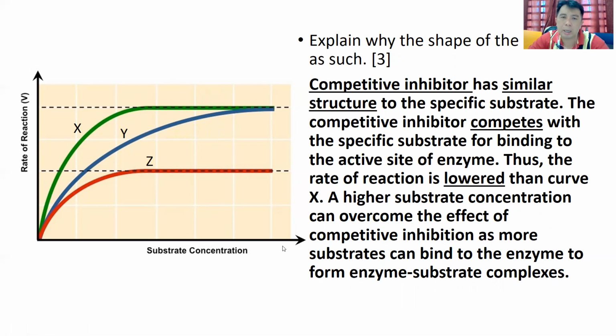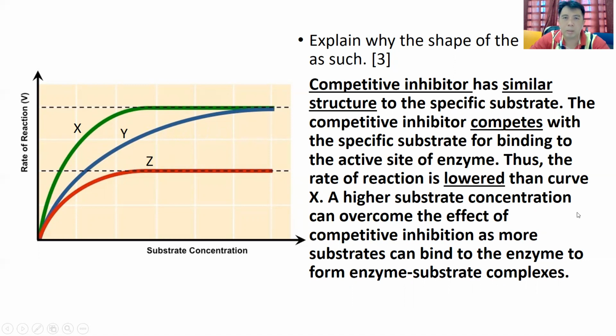Or you can write by adding more or higher substrate concentration, the competitive inhibitions can be overcome and so on. So for this explain one, you must write competitive, that means specific terms.